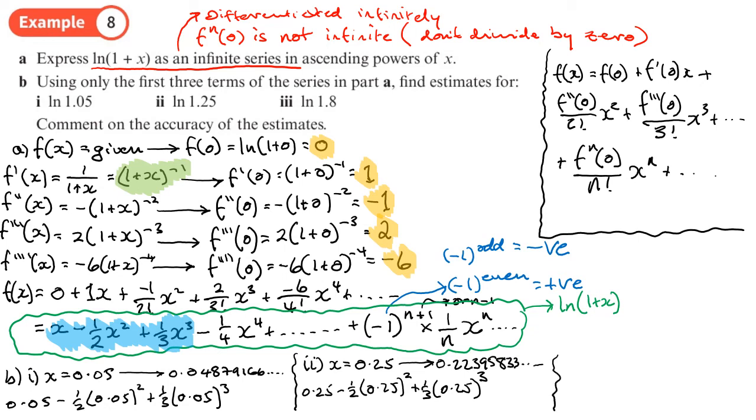And then the last one here, log of 1.8. In this one, x is going to be 0.8. So it's going to be 0.8 plus half 0.8 squared plus a third 0.8 cubed.